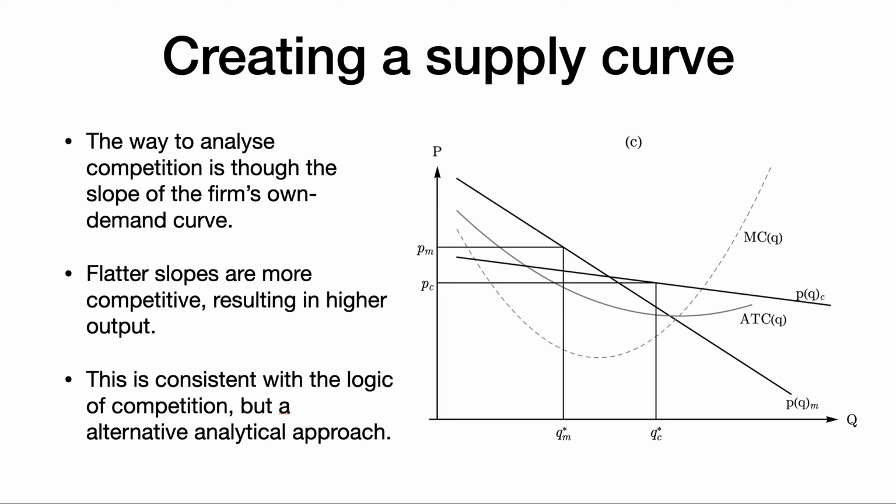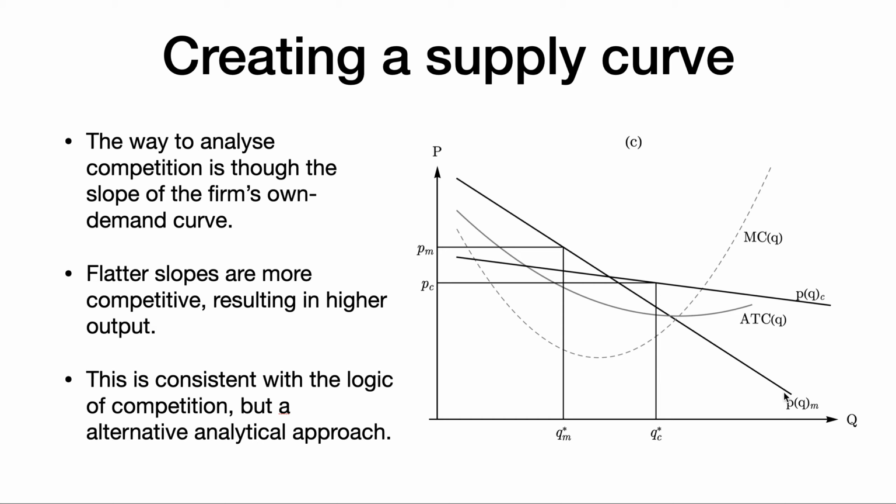We can also think about competition through this lens, and it's a little bit different to how you analyze it in a profit maximizing world. In that world, you all sort of share a downward sloping demand curve, but I think the better way to view that is to think of firms facing firm-specific demand curves where their slope represents the degree of market power. So we can see here PQC as a competitive market demand curve, where if I try and raise prices, I can sell a lot fewer.